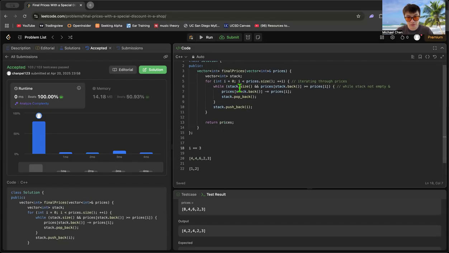While stack size, prices of stack back 0, 1, 2, bigger or equal to i? Yes.